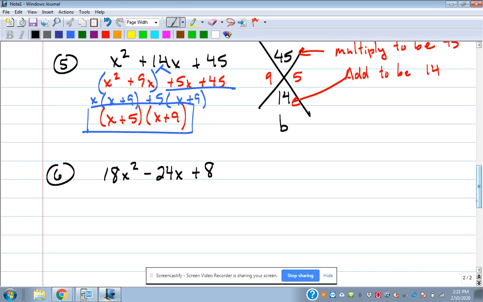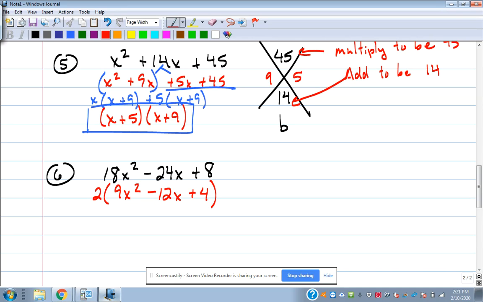So next thing we look for, greatest common factor, which is... 4 goes into 18? No. 2 goes into 18 though, and 2 goes into 24 and 8. So I'm gonna pull out a 2, be 9x squared minus 12x plus 4.